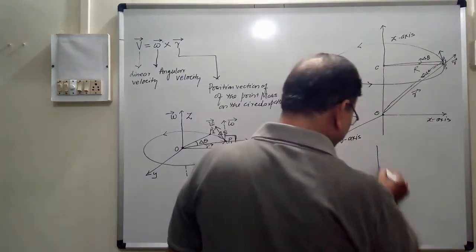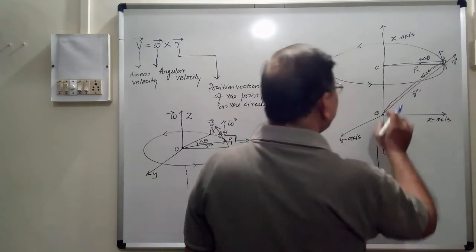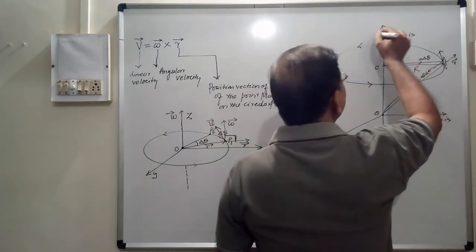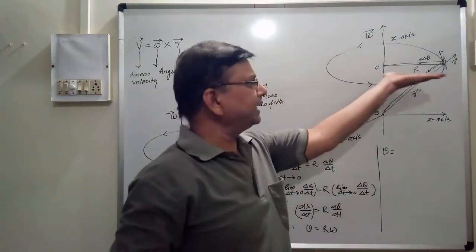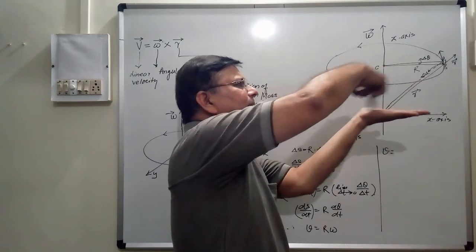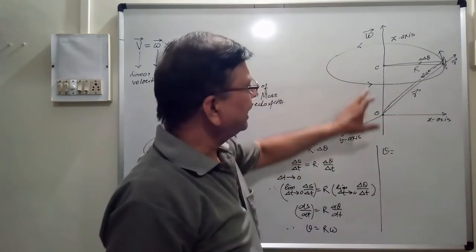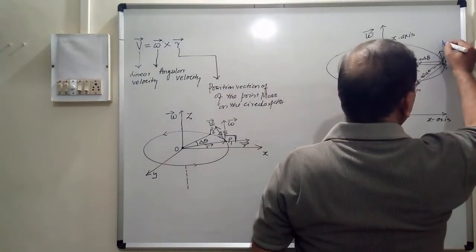This can further be written as v is equal to, what is R? Suppose this is omega, the direction of omega is this only, perpendicular to the plane. In this plane the circular path is there, so perpendicular to this will be the direction of angular velocity. So we can plot over here parallel to this.